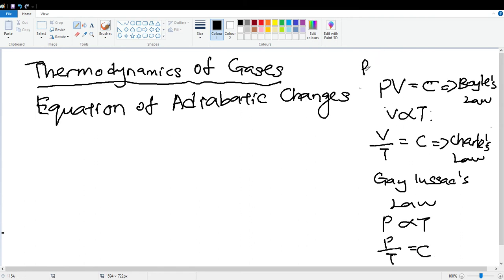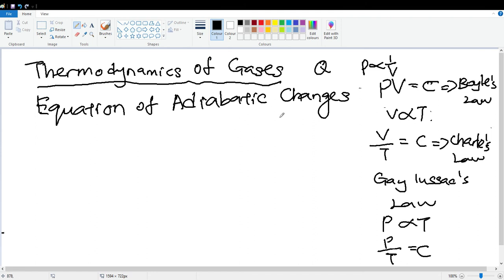Boyle's law is that pressure is inversely proportional to V. So this is the normal equation for the gas laws, where Q exists, entering or leaving the system.